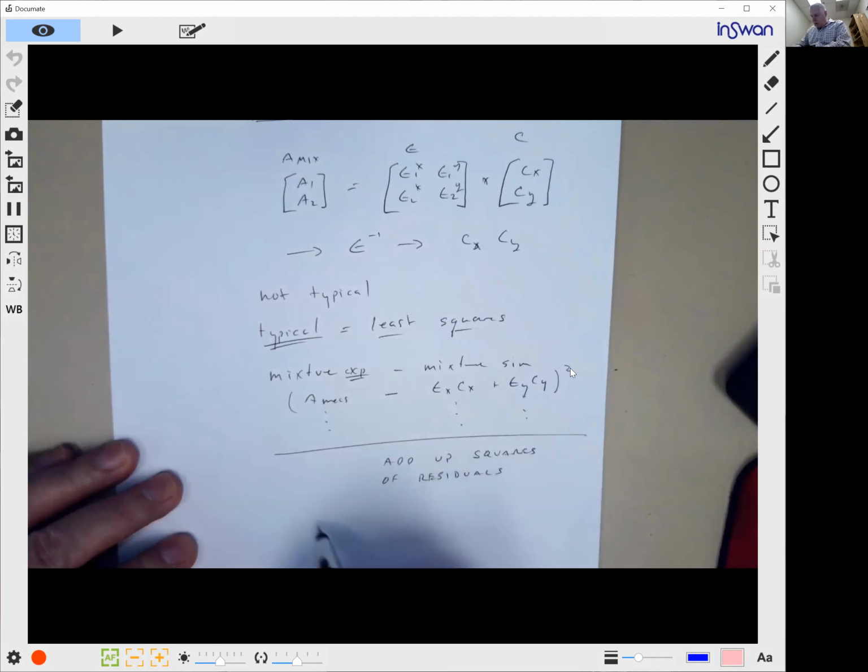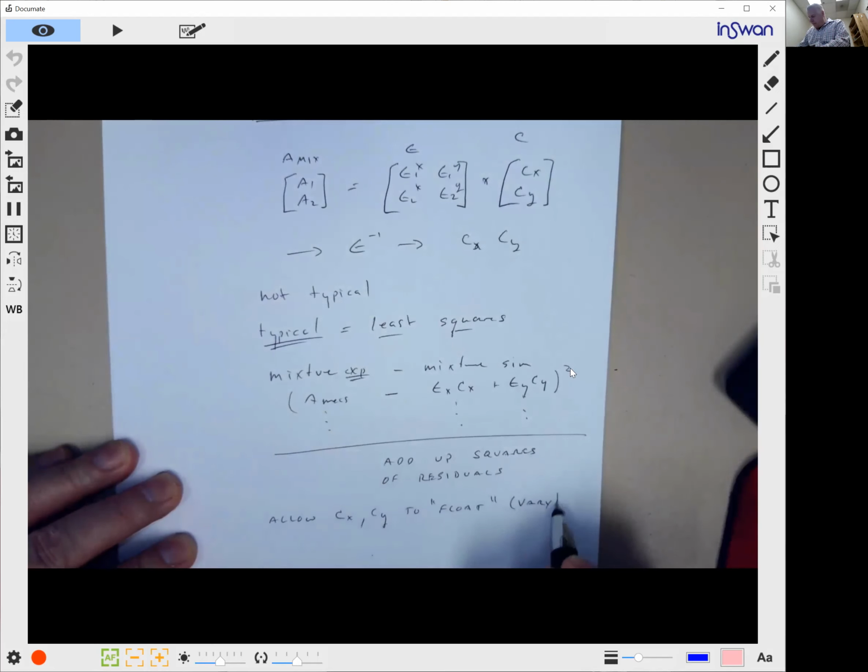Then you allow Cx and Cy to float, to vary. And then you minimize the sum.